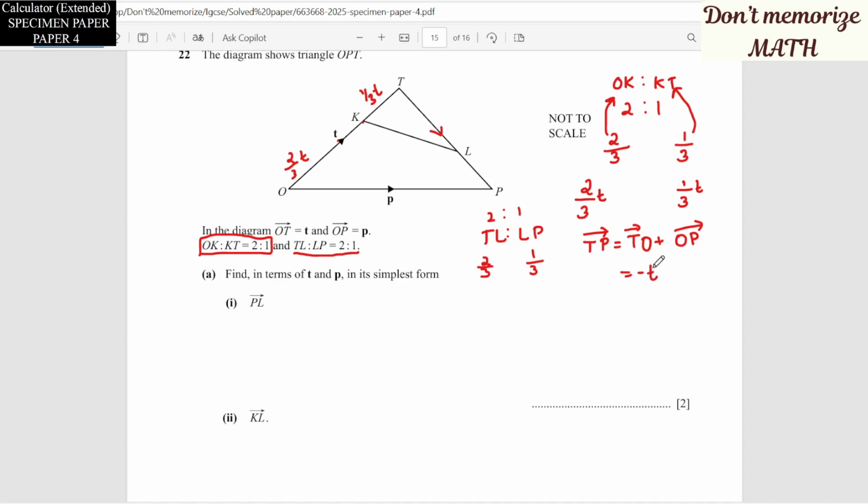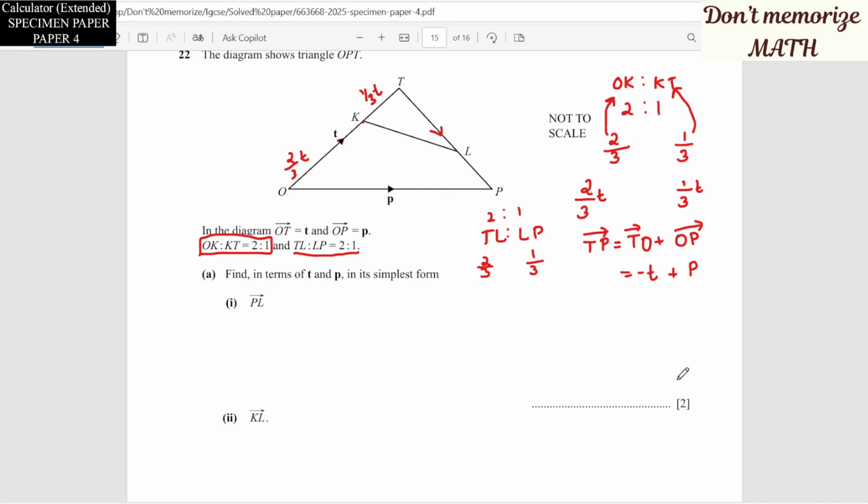Direction is very important in the case of vectors. So I will repeat one more time. OT is given as small letter t, and here we need TO, which will be in the opposite direction of OT. So TO will be negative t, plus OP, which is given as small letter p, so you can directly write p.